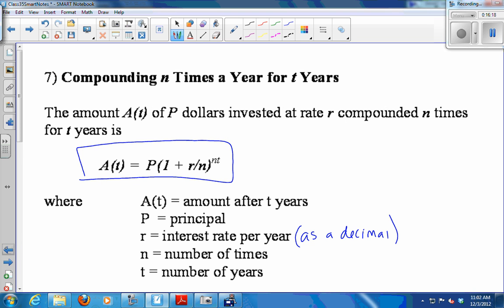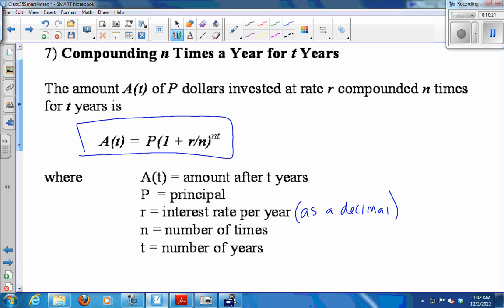So before we move on to continuous compounding, which is something a little different, I'm going to give you one more example.